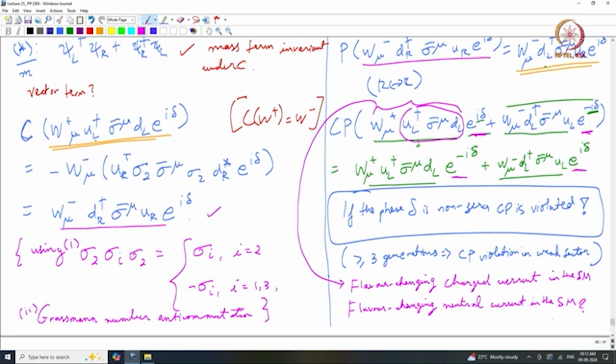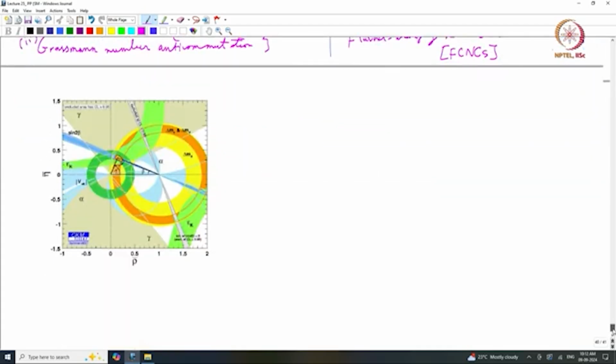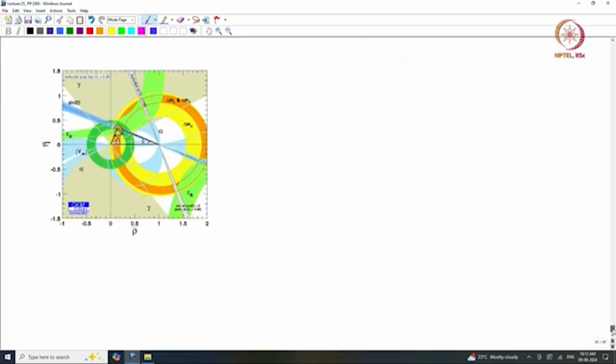Most of the time it is called FCNCs, flavor changing charge neutral currents. What about those Lagrangians? I am going to show that you actually do not have flavor changing neutral currents at the tree level at least. For now ignore this image, we will come back to this in the next lecture.